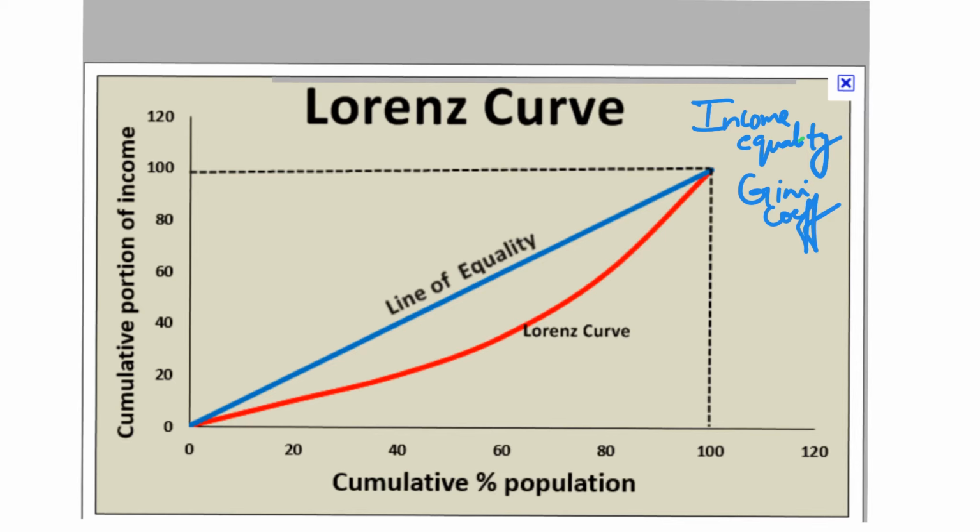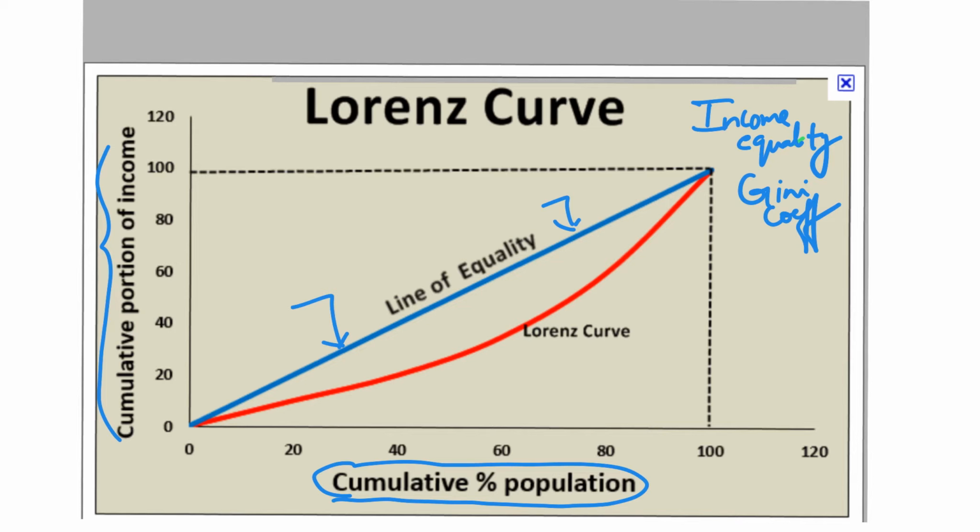Now let's try to understand this graph. The x-axis has the cumulative percentage of population and the y-axis has the cumulative proportion of income, or the national income. This blue line is nothing but the line of equality.